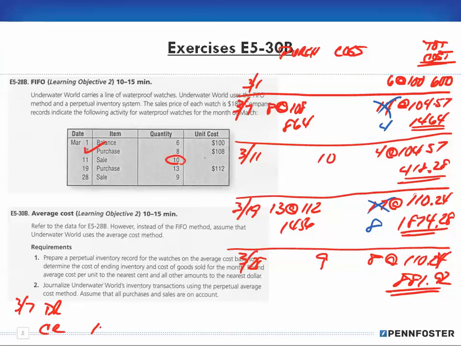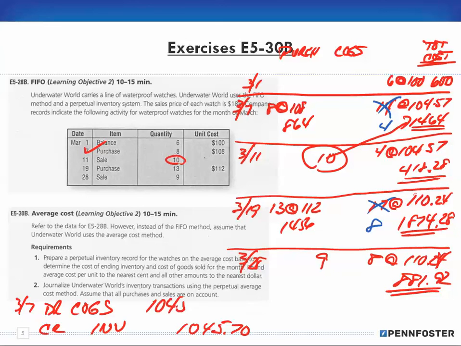And of course, when we make a sale, we have to take it out of inventory. So we make another entry to decrease our inventory. We credit our inventory. In this case, we're selling 10 at 104.57, so it's 1,045.70, and we'll debit our cost of goods sold for 1,045.70.